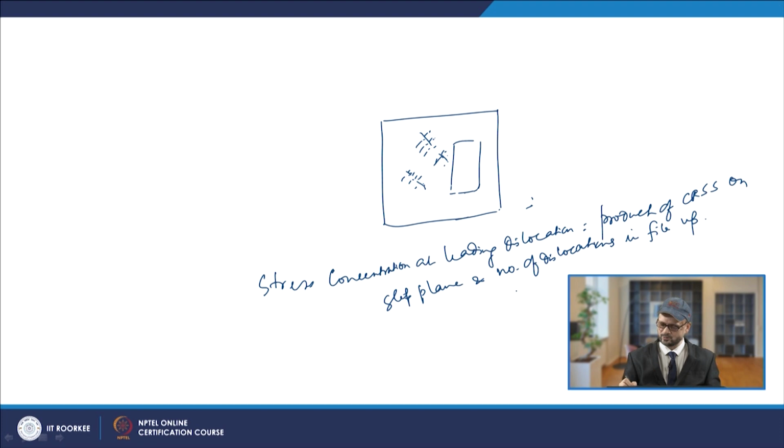If the grain size is larger, you will have a larger pile up, so the stress concentration will be the function of the grain size, and a larger grain size gives a larger concentration.